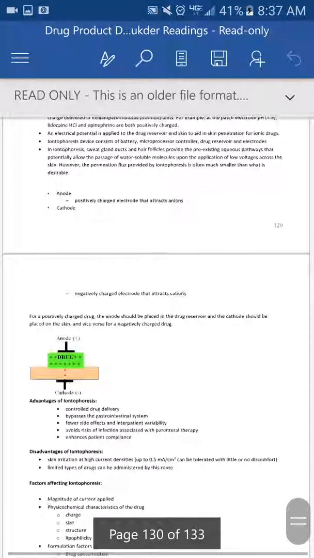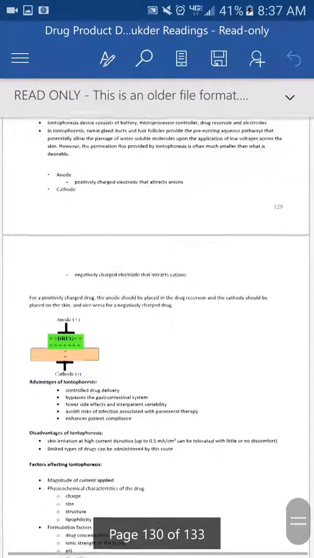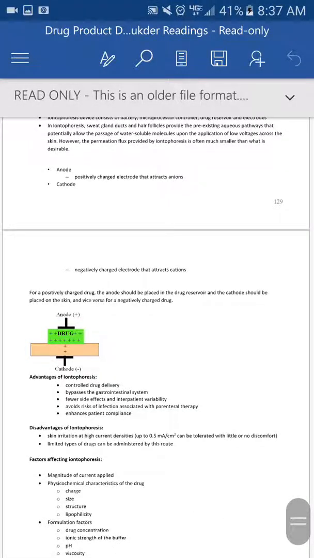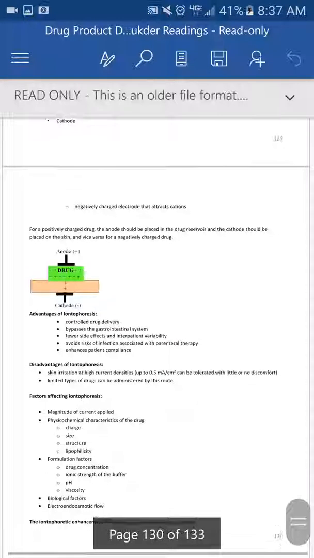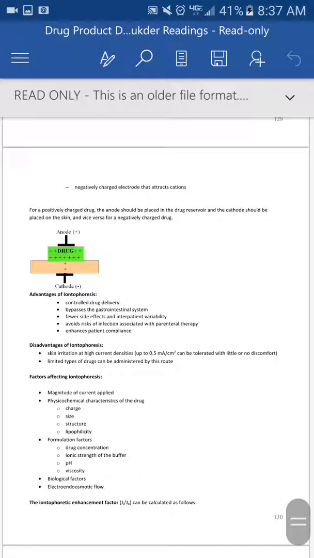In ionophoresis, sweat gland ducts and hair follicles provide the pre-existing aqueous pathways that potentially allow the passage of water-soluble molecules upon the application of low voltages across the skin. However, the permeation flux provided by this is often much smaller than what is desirable. Know the direction you would want. If it's a negative drug, you would put the anode on the skin and the cathode on top.